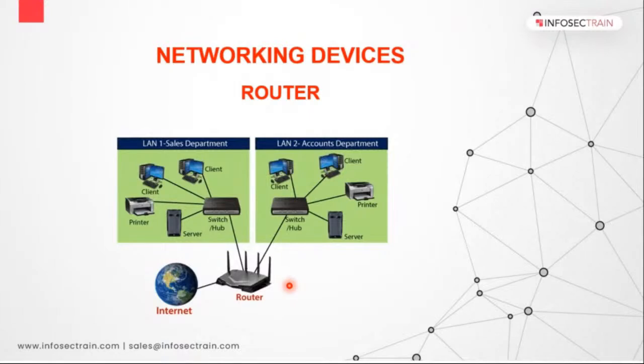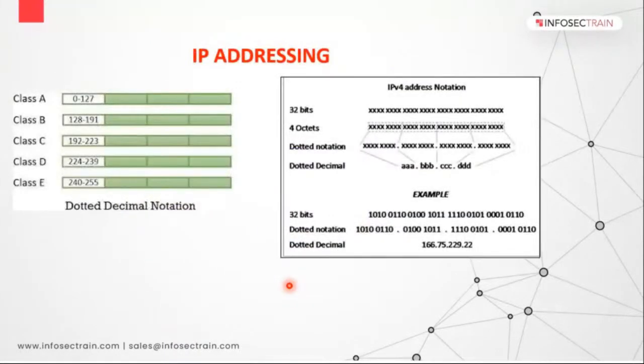Now, next thing, we have IP addressing. Back in the old days when IP addressing was new and the internet was young, your IP addresses were broken into classes, and that was called classful IP addressing.